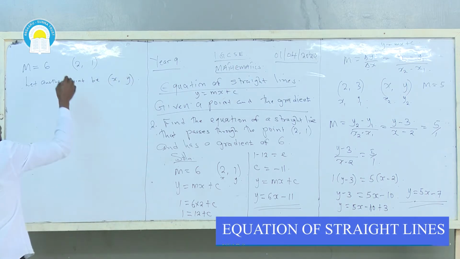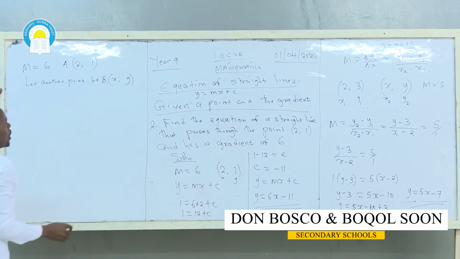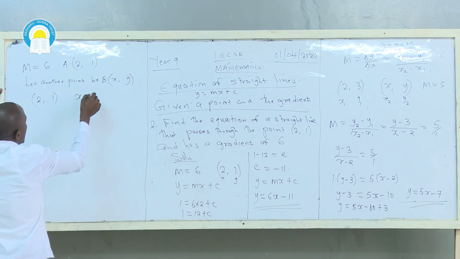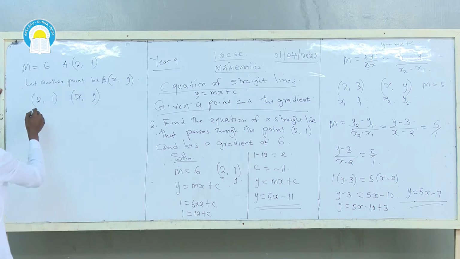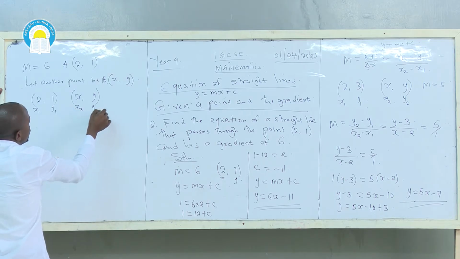Let's say this is our point A and this is our point B. In point 1, we have (2, 1). In point 2, we have (x, y). So let's name this x1 and y1, and this x2 and y2.